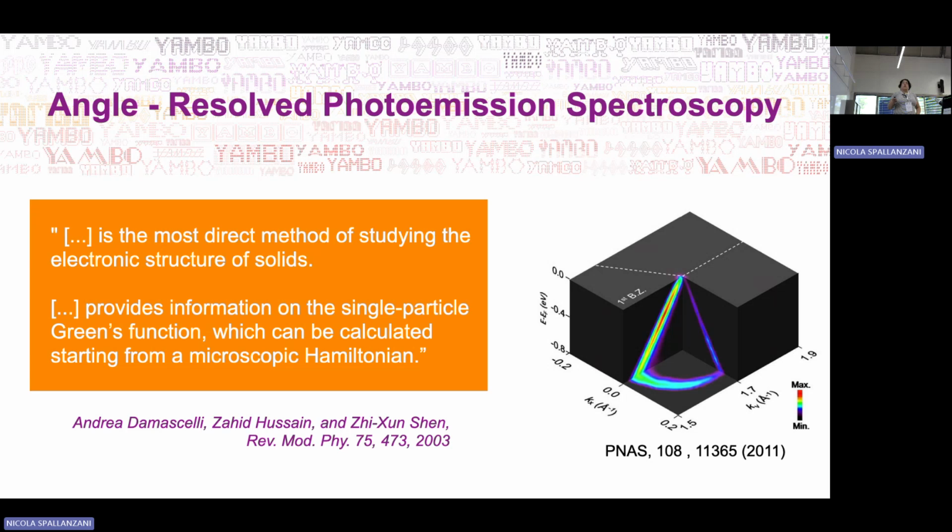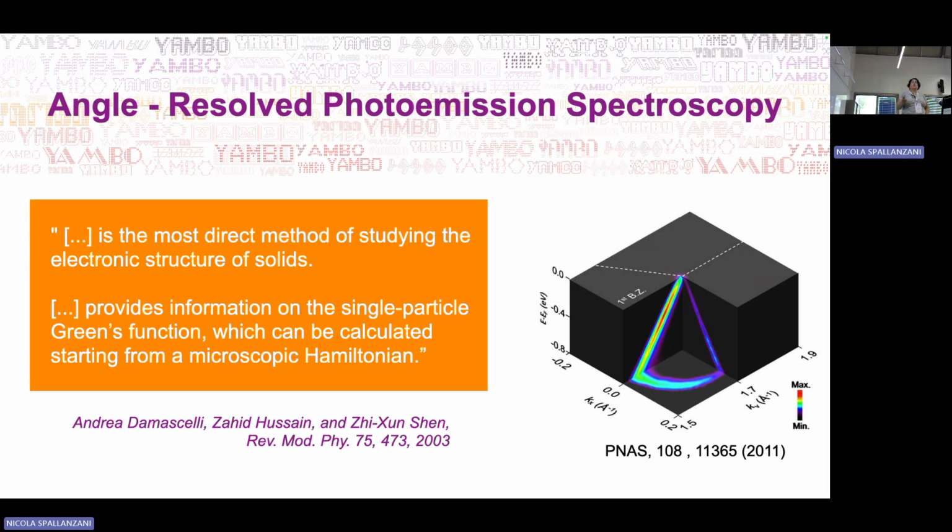So the photoemission spectroscopy, and especially the angle-resolved photoemission spectroscopy, if we can obtain all those quantities I talked about resolved in K space, in the reciprocal space, is very close to the GW approximation and to the Green function.